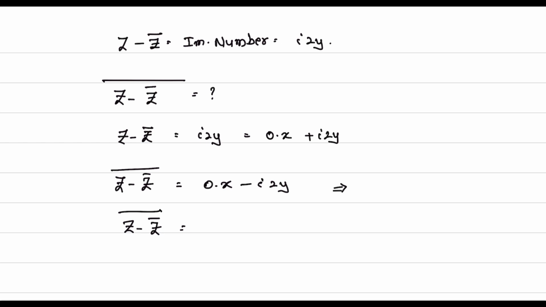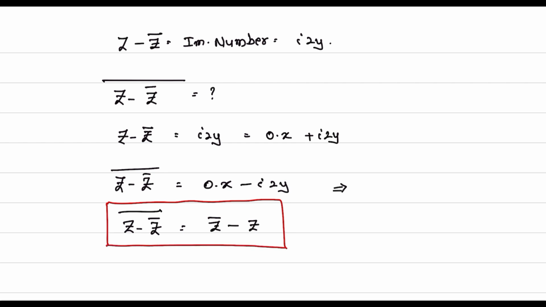The whole conjugate of Z minus Z bar is equal to Z bar minus Z. This is also a very important observation we got from above. Important observation. Now, let us go for multiplication.